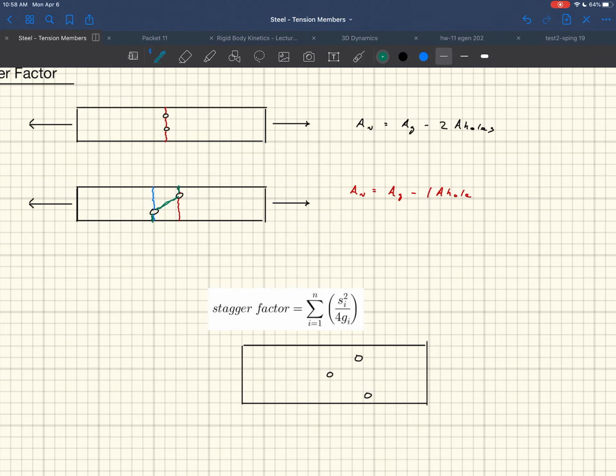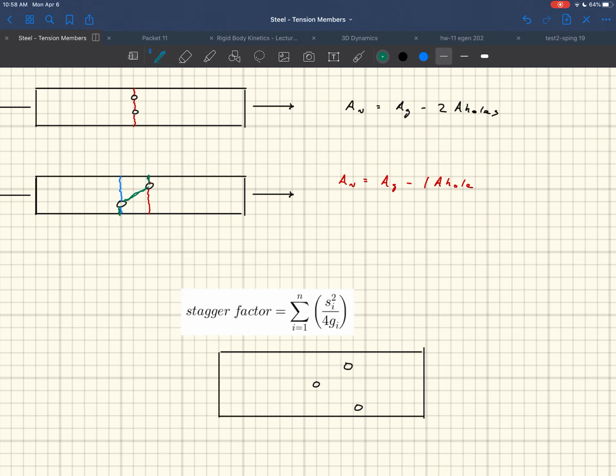That's where the stagger factor comes in, it's trying to account for that. So in this particular case, AN would be equal to AG minus 2 A hole. That would tell us that. That's what this would be.